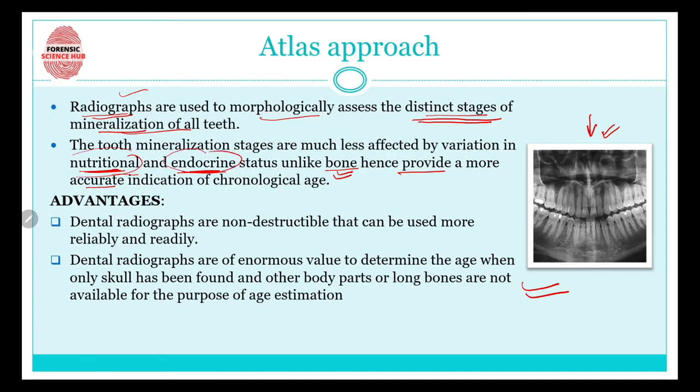The advantages of the Atlas method are that dental radiographs are non-destructive. Also, the X-rays don't affect the teeth in any way, so dental radiographs can be used readily and reliably. Dental radiographs are of enormous value to determine age when only the skull is found and other body parts or long bones are not available for estimation.